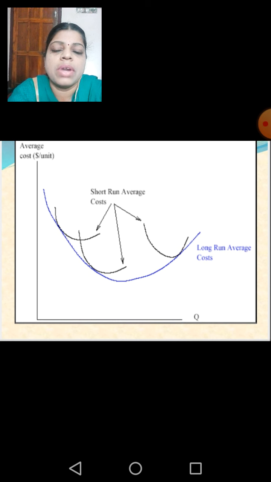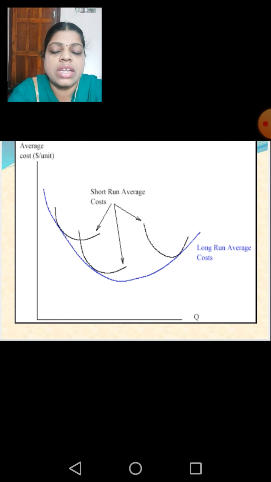But as gradually the production process goes on, what happens? As we employ more and more variable factors, the short run average cost increases also. So here we can see the three short run average cost curves, and at the bottom part we can see the tangency points.